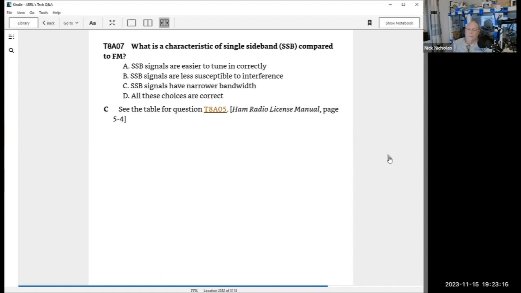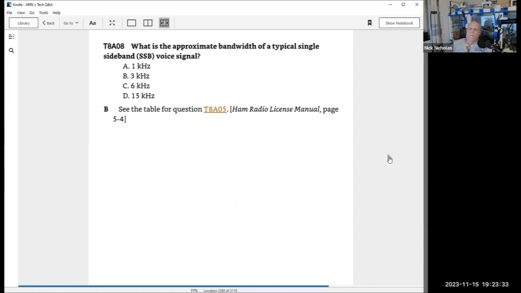So a single sideband transmission is narrower, and as a result of that, it not only uses less bandwidth for allowing more stations on the bands at once, it gives you more punch or more range.